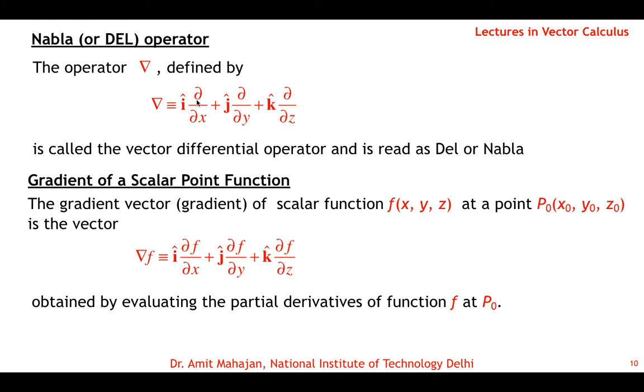So it can be written as i cap times the derivative of the function with x plus j cap times derivative of function with y plus k cap times derivative of function with z, and it's a vector quantity, and its value is obtained by taking these partial derivatives at the point x naught, y naught, z naught, that means at p naught.